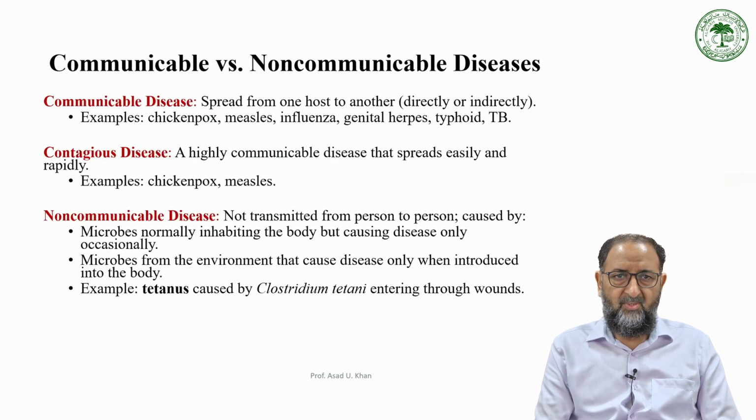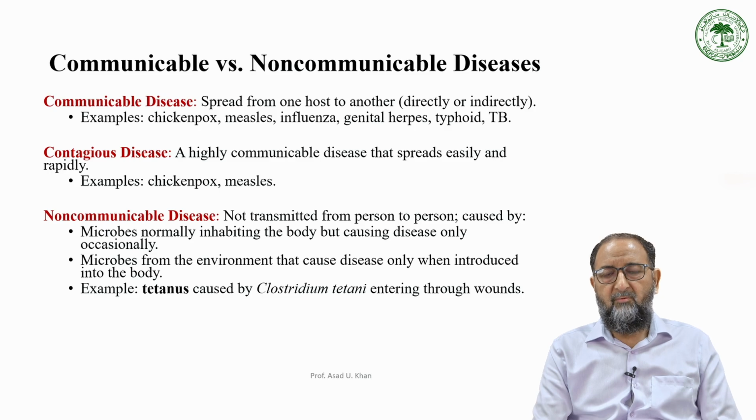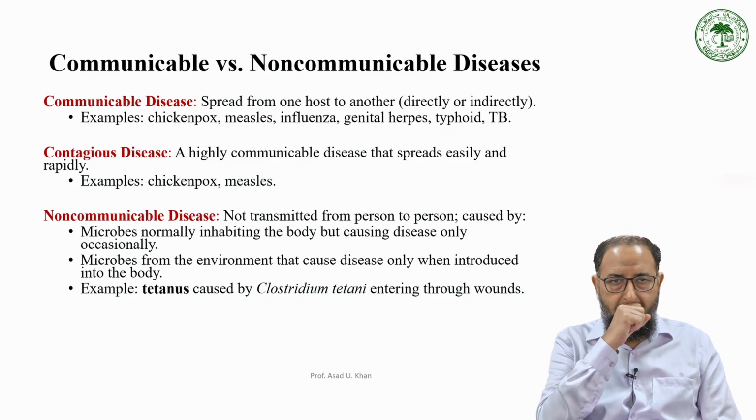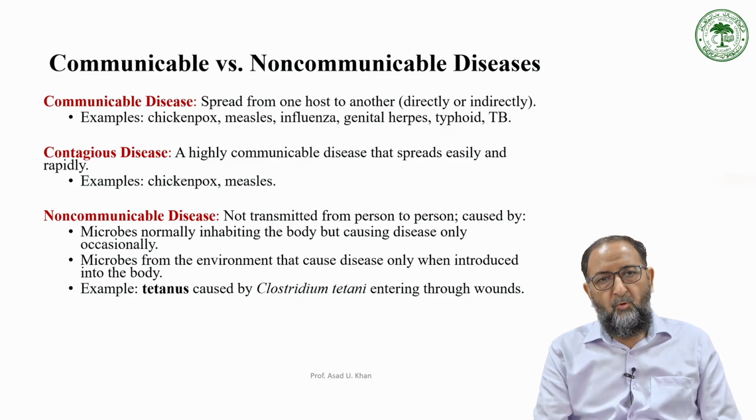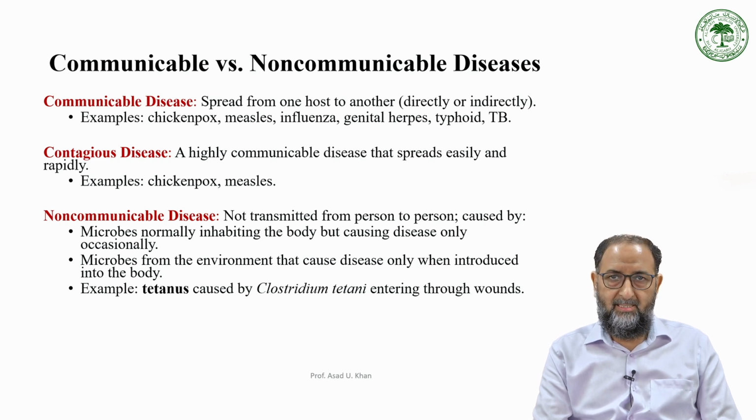disease or infection. Now, let's talk about communicable versus non-communicable diseases. What are communicable diseases? Communicable diseases spread from one host to another host directly or indirectly. Examples: chickenpox, measles, influenza, genital herpes, typhoid, TB.